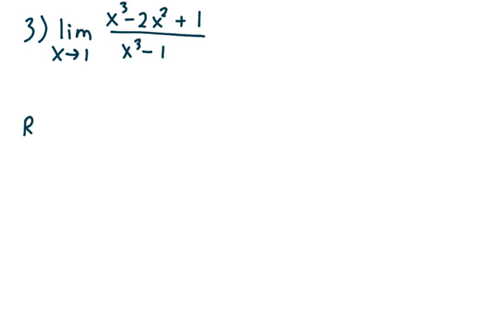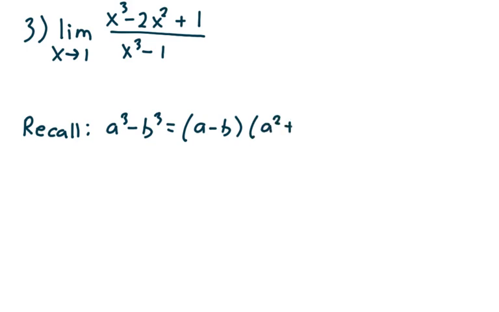Now, recall, a cubed minus b cubed is equal to a minus b times a squared plus ab plus b squared.